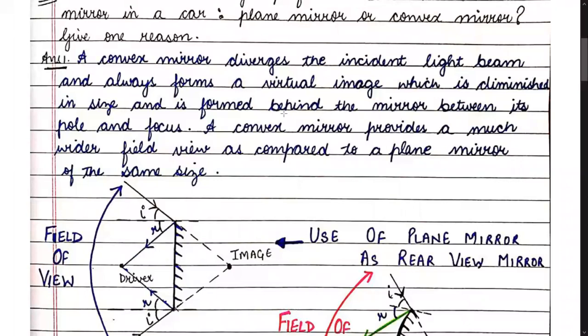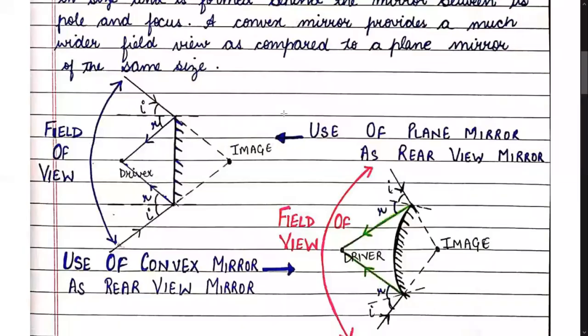You can see the two diagrams drawn. In one case, I am using a plane mirror which is silvered from its backward side. It is silvered from its back side.